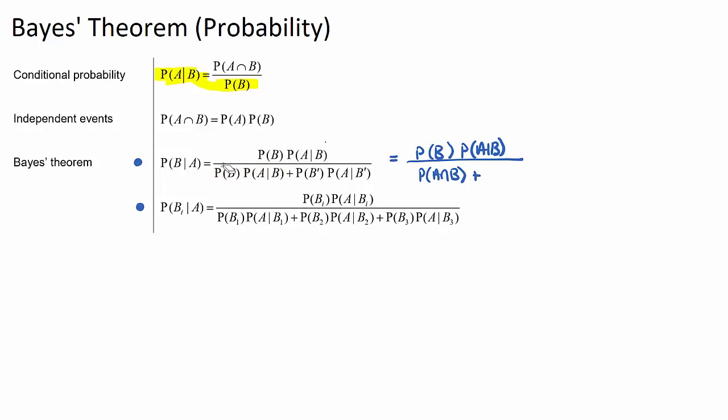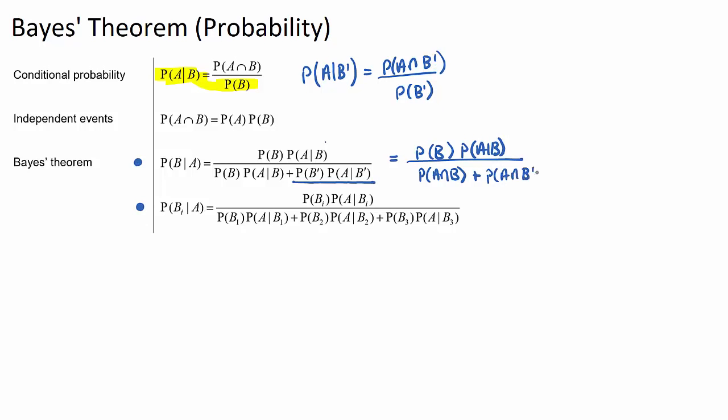And then this is actually the same thing. If I write the probability of A given not B as the probability of A and not B over the probability of not B, and multiply this up, that's what we have here. So the probability of A and not B is this second bit.